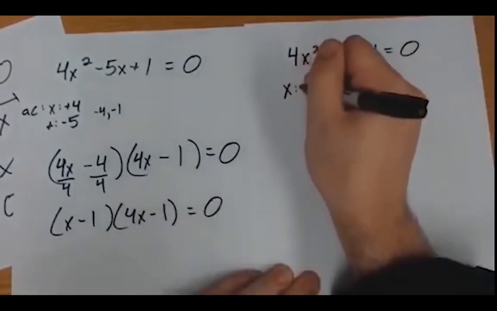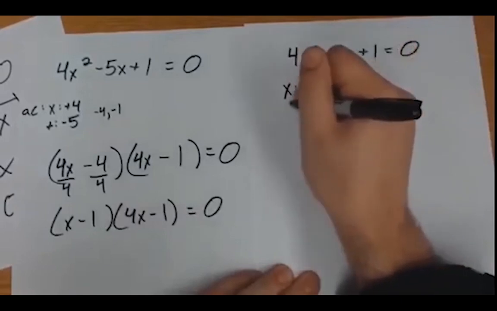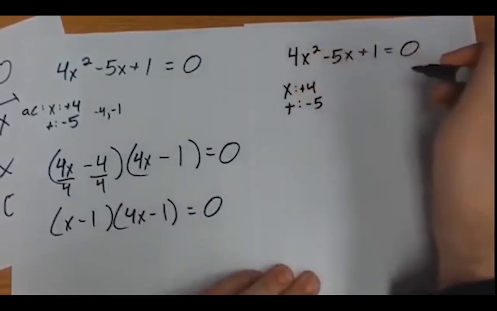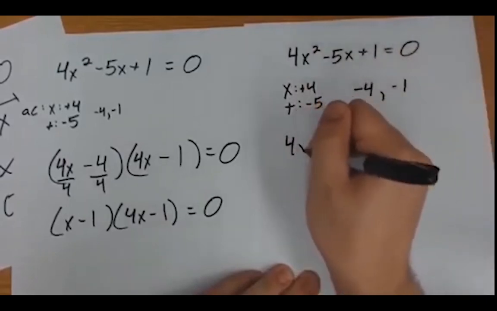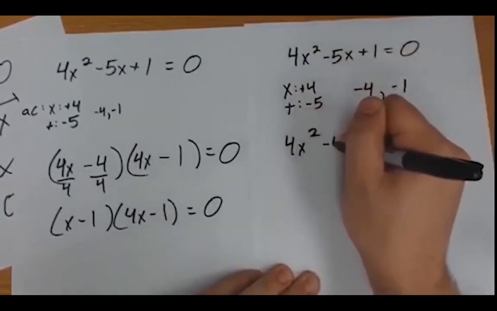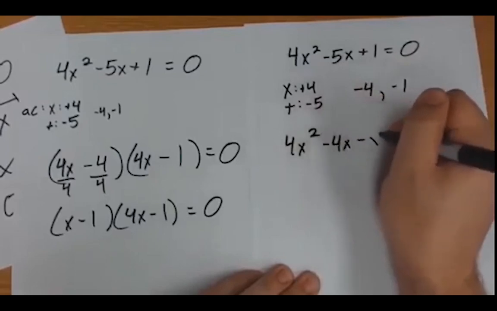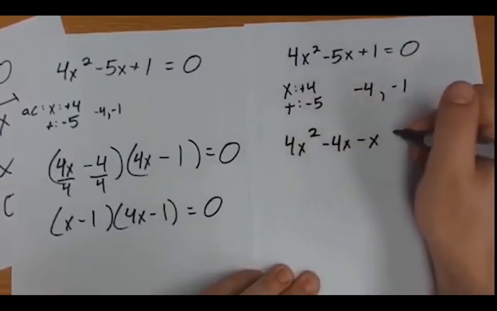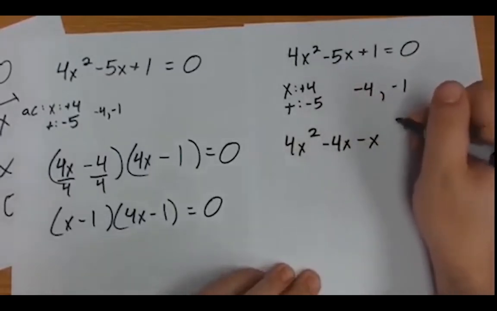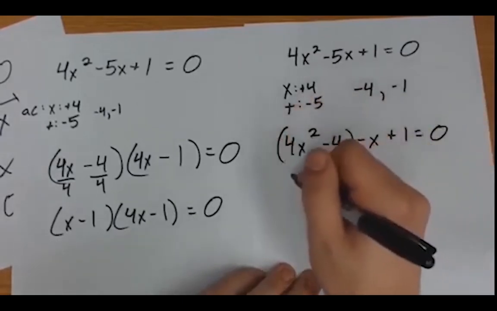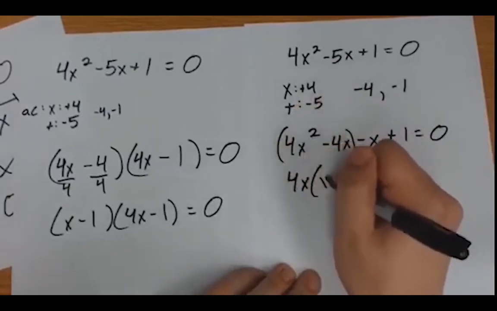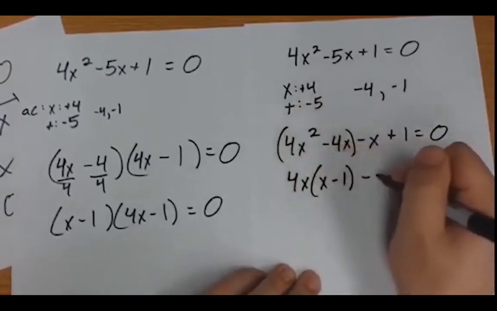So we found the numbers that multiply to AC, +4, add to B, -5, that's -4 and -1. Use that to split up -5x into -4x minus x, -x minus 4x. Factor by grouping. Take out a 4x, we're left with x minus 1.